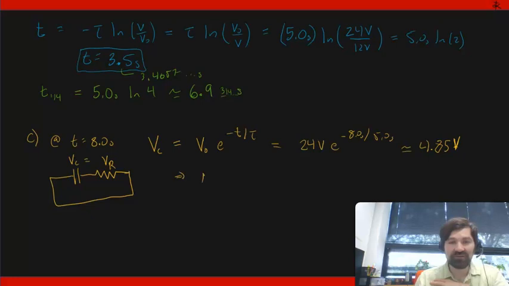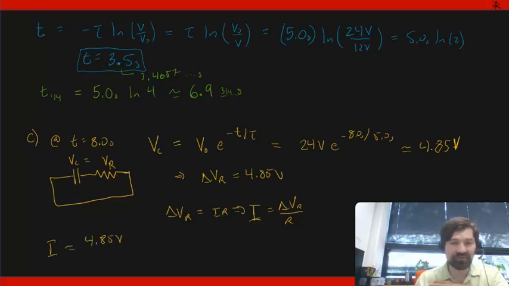Therefore, delta VR is also 4.85 volts, and delta VR is I times R, so I must be delta VR over R. So the current in this case is 4.85 volts divided by the resistance.